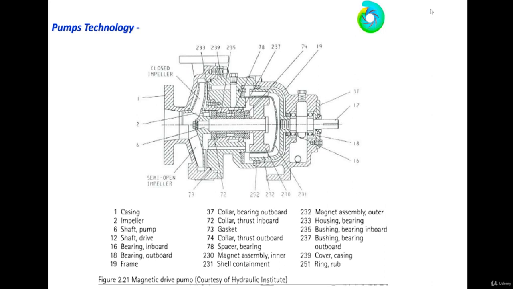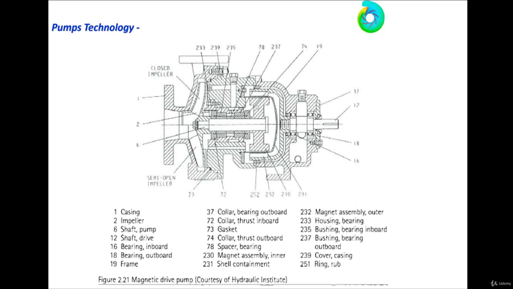This is a cross-section drawing of this pump. You can see the shaft is not continuous, so this is the impeller and this is the shaft, then it stops here. There is an outer magnet and an inner magnet. The poles are different for each revolution. When the outer magnet pole changes, the inner one changes too.